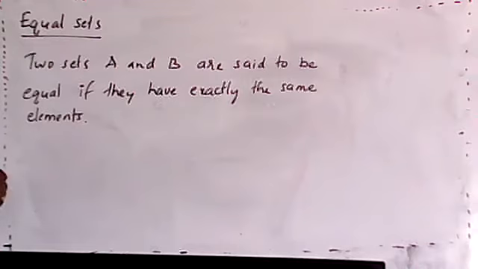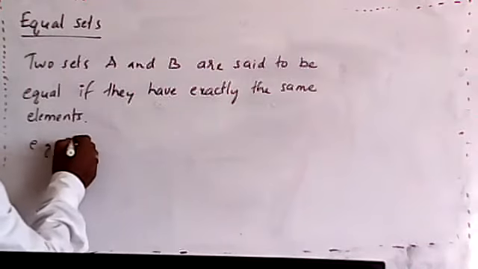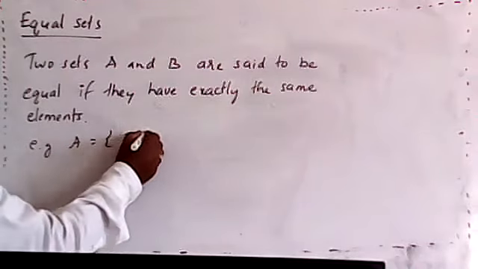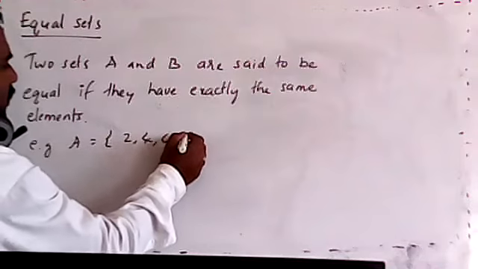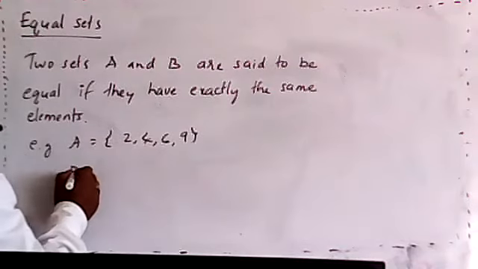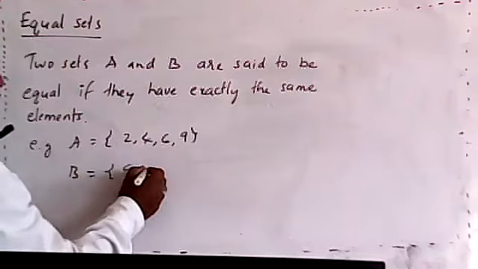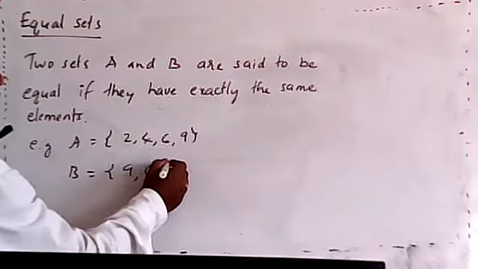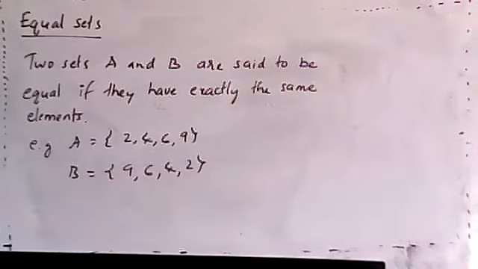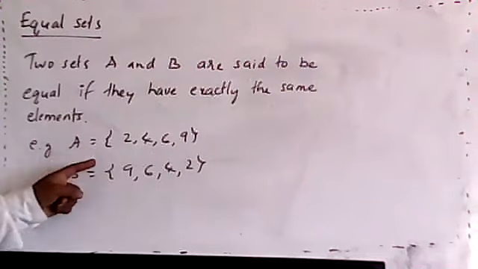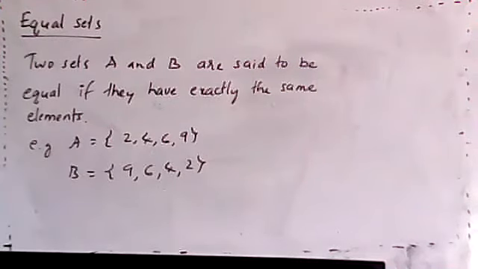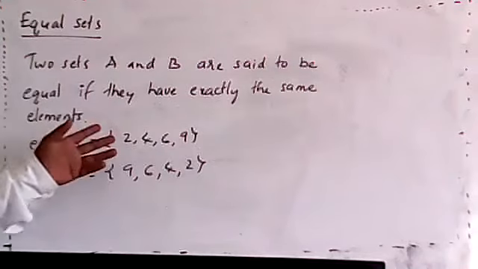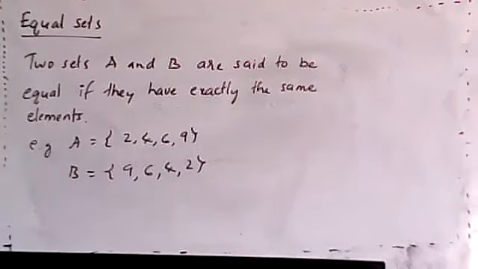Let me give an example. Suppose there is a set A having 2, 4, 6, 9, and another set B having 6, 9, 4, 2. Are A and B equal sets? If they are not equal, certainly they are unequal only.